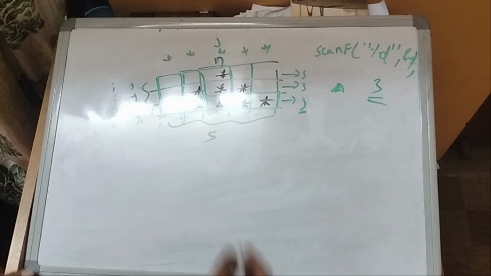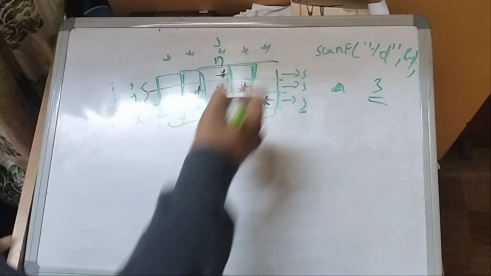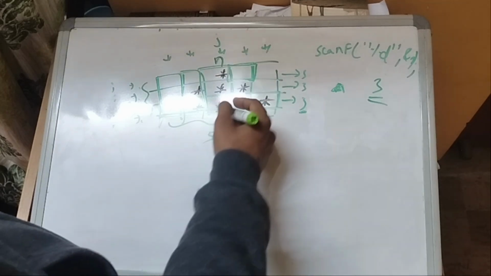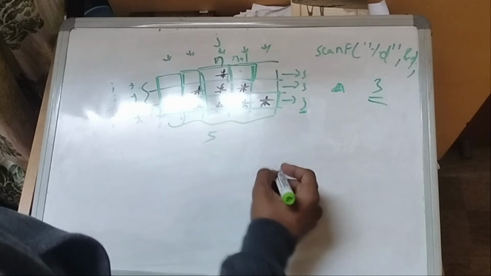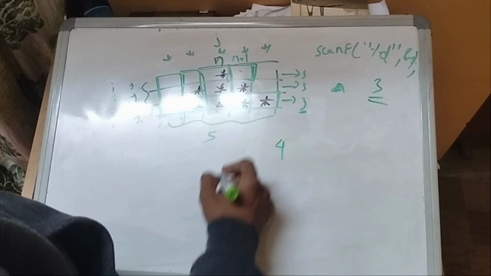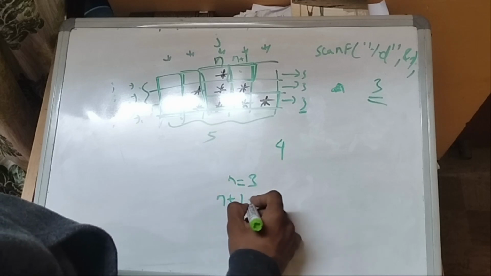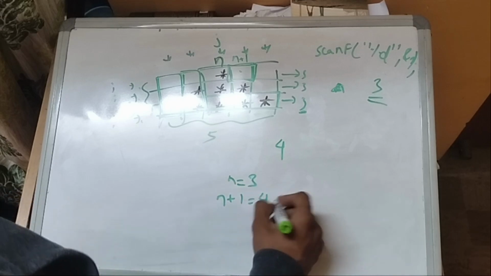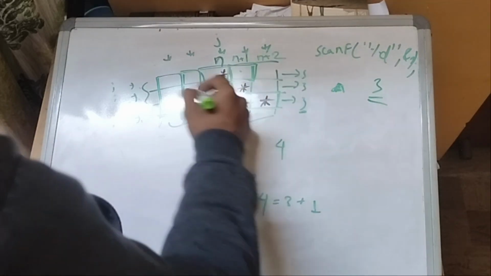And what would this column number be? This would be n plus 1. That is the fourth column. Alright, so as n equals 3, n plus 1 equals 4, that is 3 plus 1. So this would be n plus 1, and this would be n plus 2.